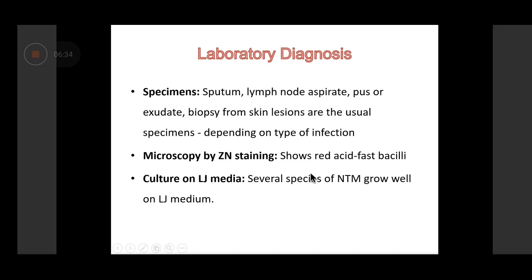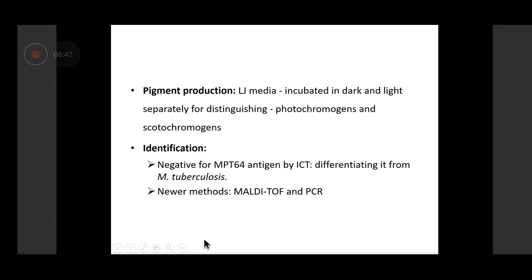We can culture them on LJ medium. Several species of NTM grow well on the LJ medium. Then they produce pigment.